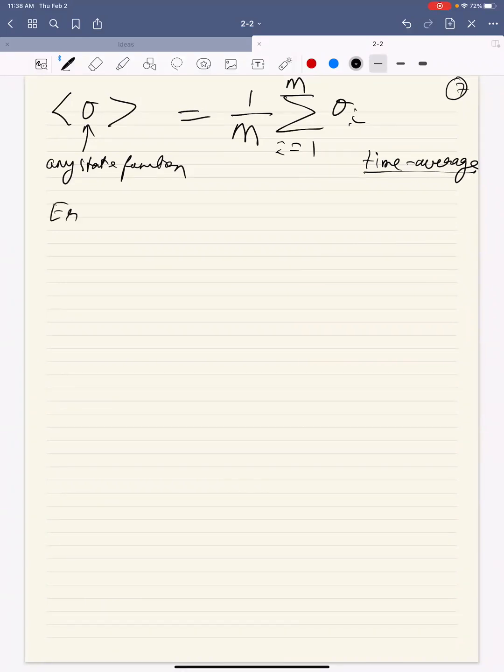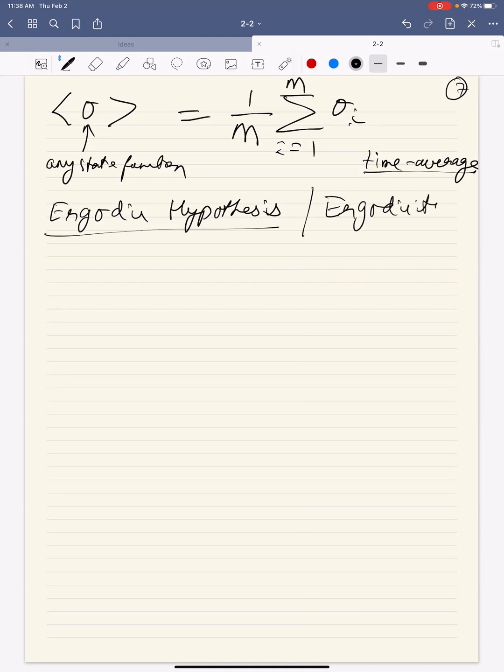Which brings us to the concept of the ergodic hypothesis, which I mentioned earlier, and now we will look at it again, or the assumption of ergodicity. And this here is our first key assumption in statistical mechanics. So in thermodynamics, we had a bunch of them, right?